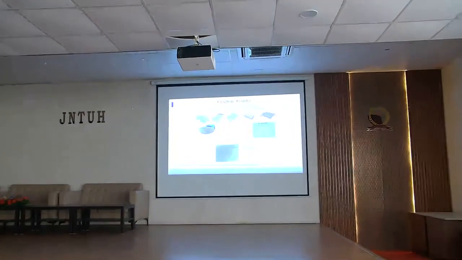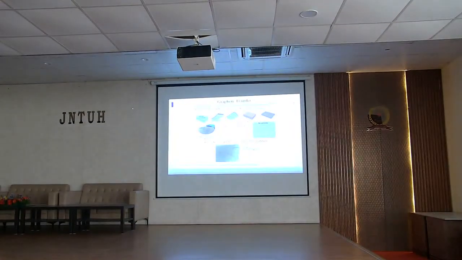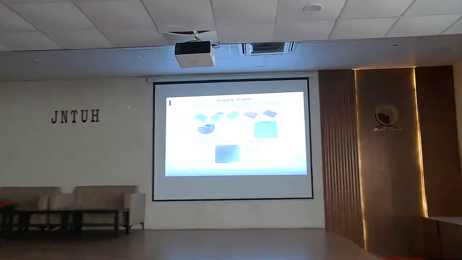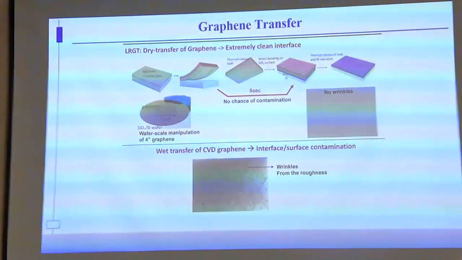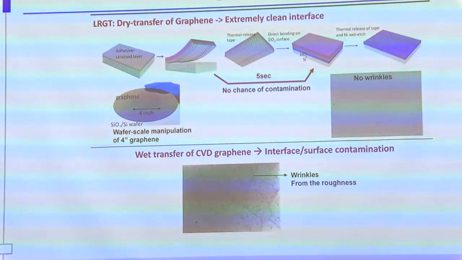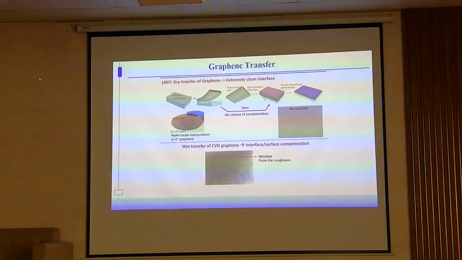So here, in the first step, you have one adhesive layer on the top of graphene, and if graphene is on the copper, for example, then you have one adhesive layer on top of the graphene. Then simply you take it off, and the graphene will be on that adhesive layer. That's your second step.